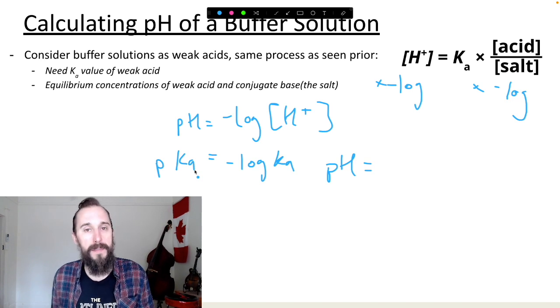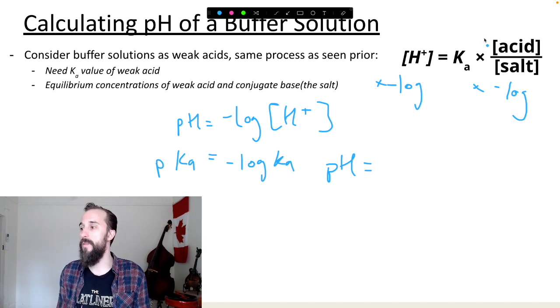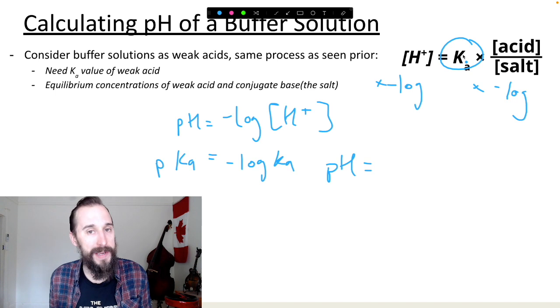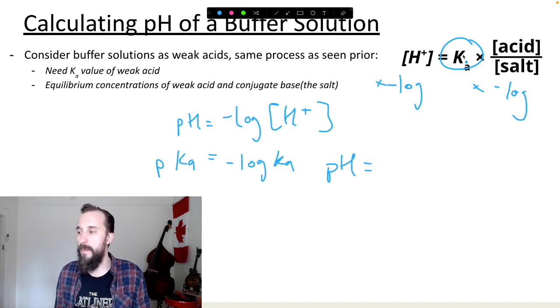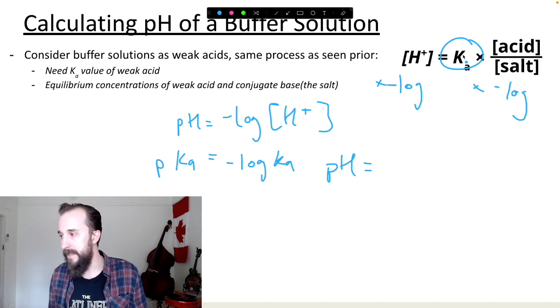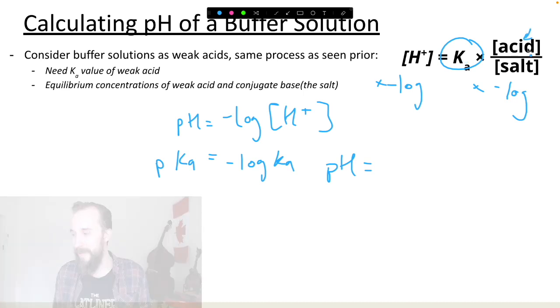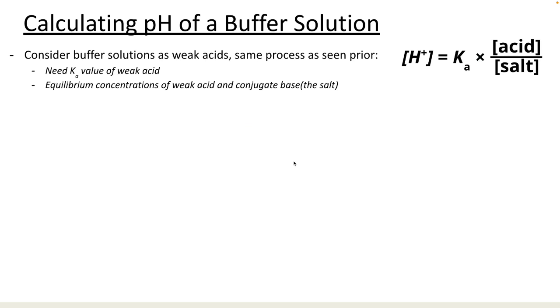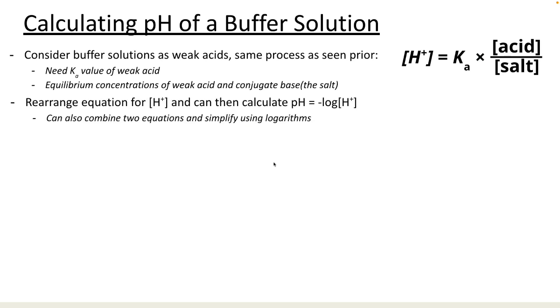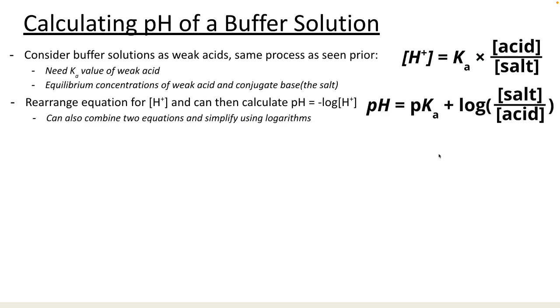So if we're given the pKa value, we can pop that one in there, or we can calculate the pKa from the Ka, and then some other logarithmic stuff happens to this part of the equation, and what we end up with is an equation that looks like this. So, like I say, if we multiply both sides by the minus log, that becomes the pH.